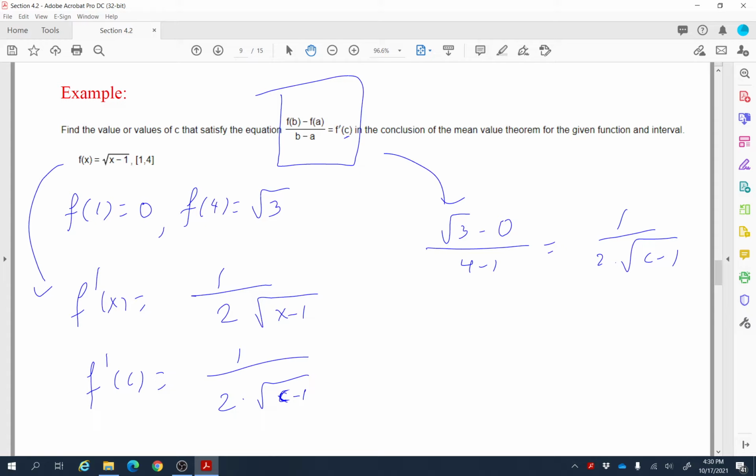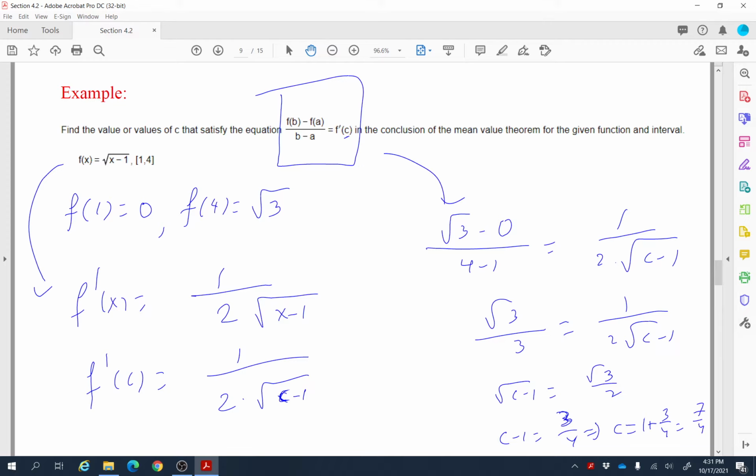Before cross multiplying, I have to simplify this. If I do the cross multiplication, I get the square root of c minus 1 equals the square root of 3 over 2, and then just square both sides. That gives c minus 1 equals 3 over 4, which helps us find c, which is 1 plus 3 over 4, or 7 over 4. 7 over 4 is greater than 1 and less than 2, so it lies inside this interval.